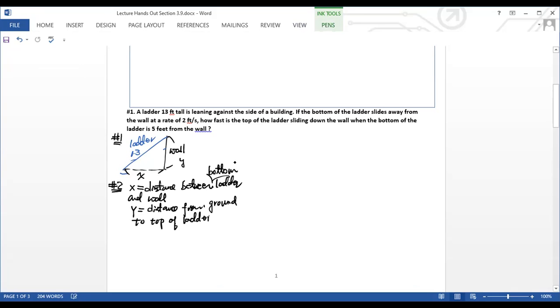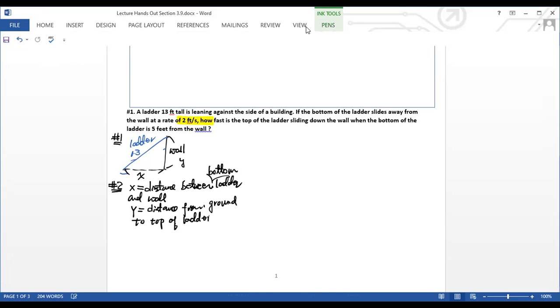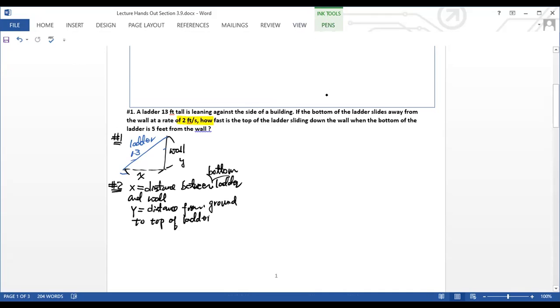So we're not confused. Now there's a rate, right? Let's say the rate is 2 feet per second. If you read it, the bottom of the ladder is sliding away from the wall at the rate of 2 feet per second.